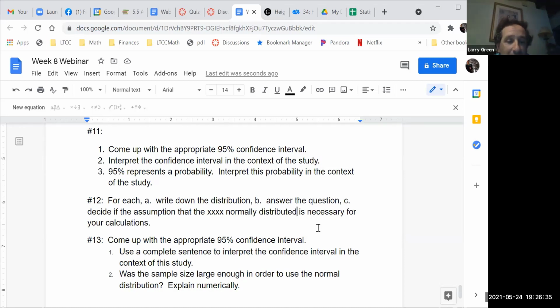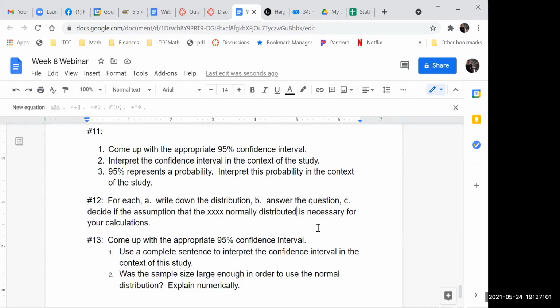And again, if you're talking about means, then what's the key number? If it's quantitative data, what's the key number? Who remembers? Guessing you remember. Are you talking about 30 as the sample size?